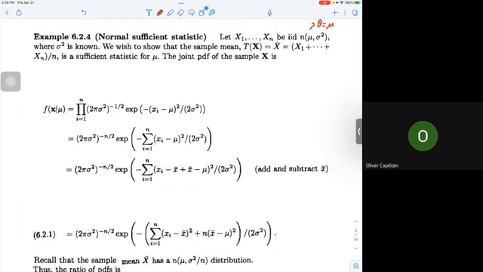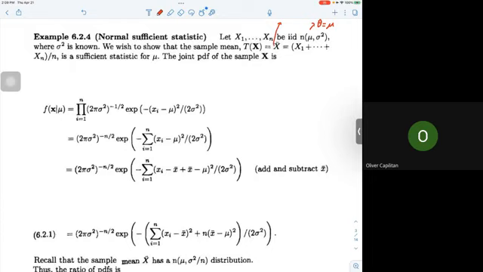Now, we wish to show that the sample mean, this is X bar, will be a sufficient statistic for mu. This sample mean is just a guess. We guess this to be a sufficient statistic.